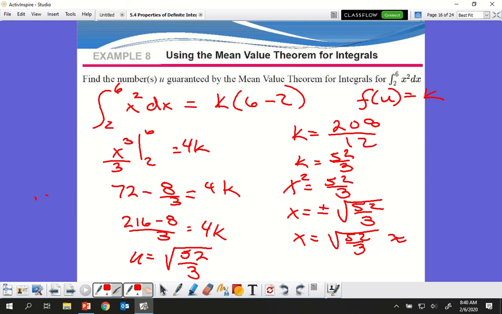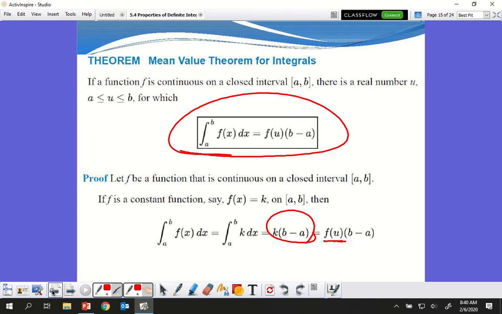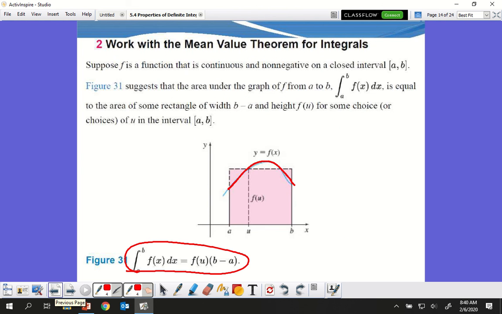When I draw my graph right here, because of the way that this curve is, where my u is, it's on my function. If I box it off from there, that is going to be equal to the area of the integral.